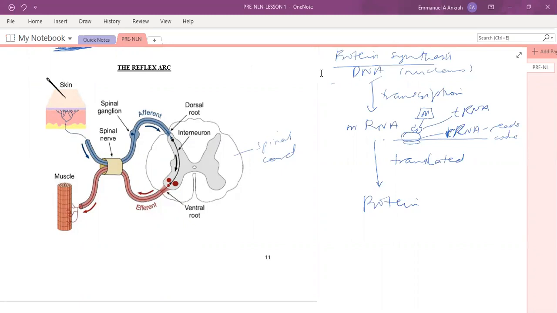So the diagram A, B, C, D, which one will you choose? It's A, correct, because it's Cl2.